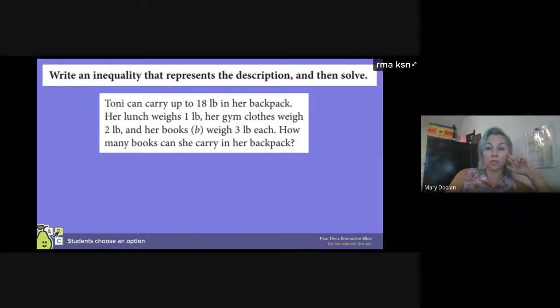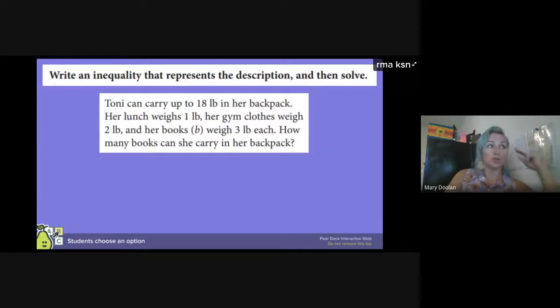Her gym clothes weigh 2 pounds. And her books, B, weigh 3 pounds each. How many books can she carry in her backpack? That's what we're solving for. We're trying to find out the number of books she can carry in her backpack. B is our variable, and it represents the number of books.